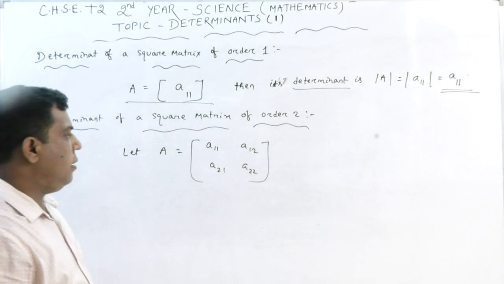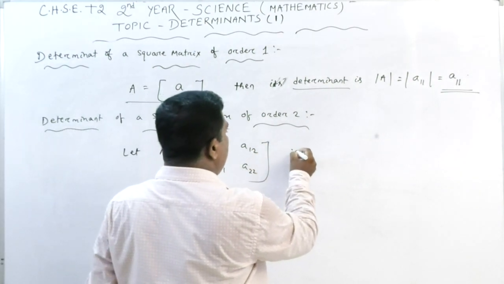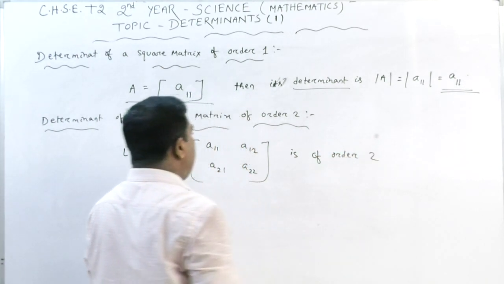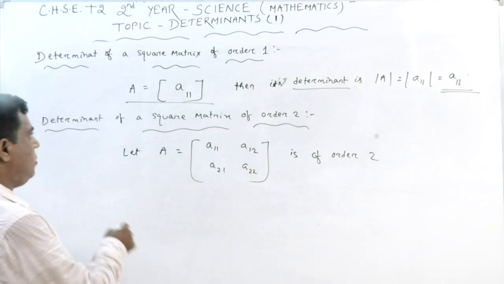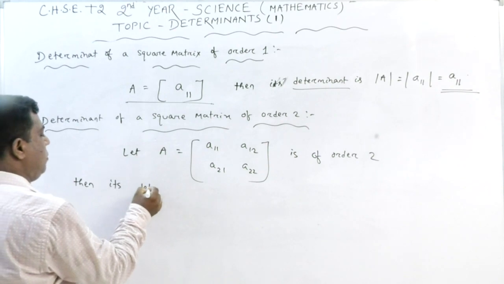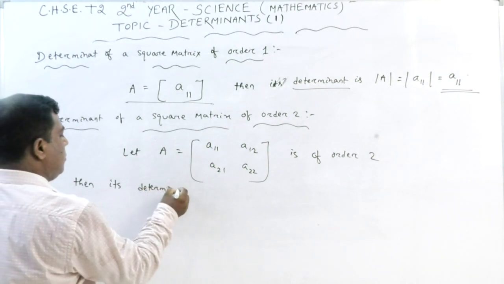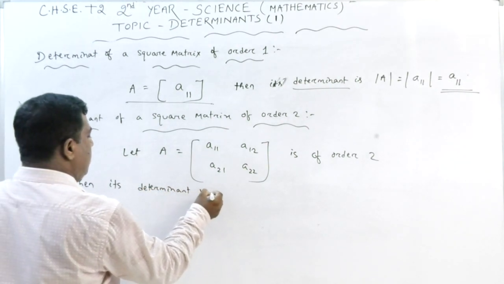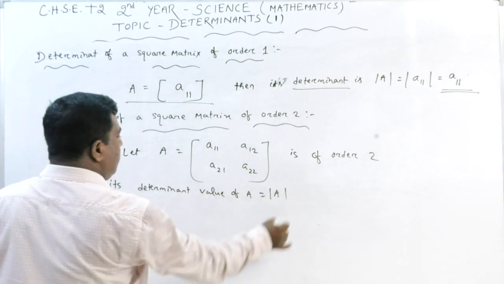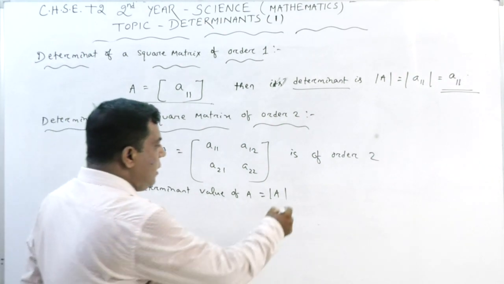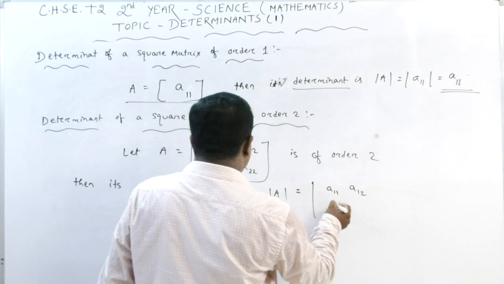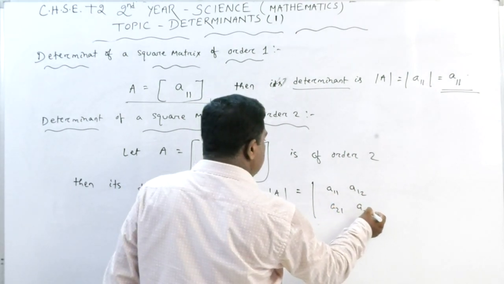Is the square matrix of order 2? It is a matrix of order 2. Then its determinant value of A is represented like this: A11, A12, A21, A22.